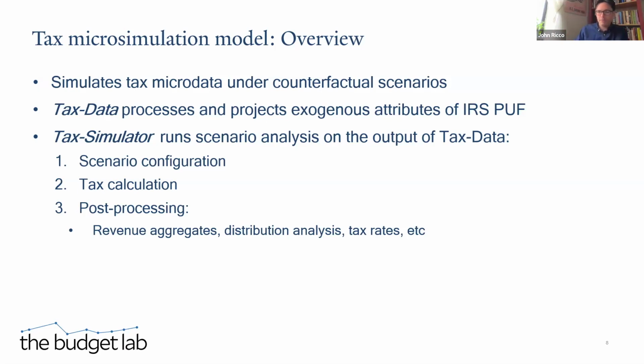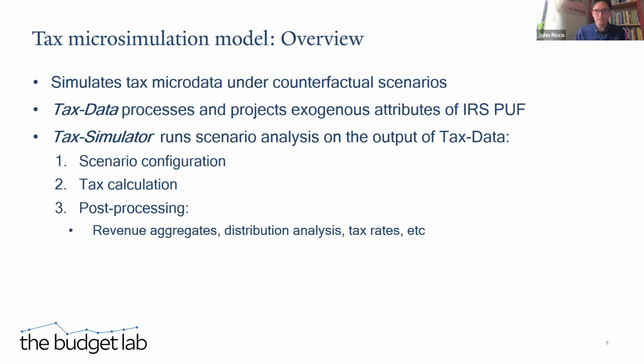The second piece is the tax calculator. There are enough models out there now that this is pretty straightforward. This is just the TurboTax-style logic of implementing the policy rules. These are deterministic functions by law. There's not a lot of innovation to do in this space, other than to perhaps try to express the tax code in as maximally flexible a functional form as possible, so as to accommodate the widest array of policy reforms.